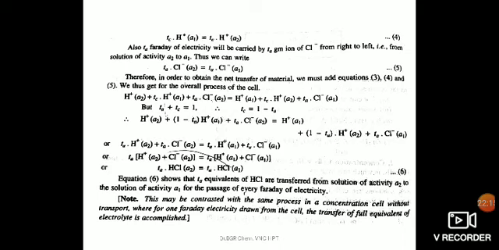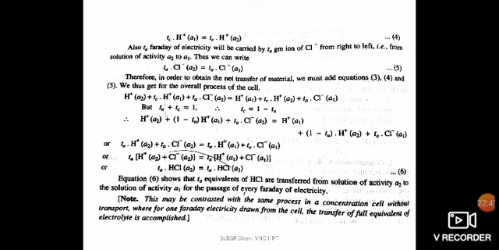This equation can be again reduced to Ta times H plus A2 plus Cl minus A2 giving rise to Ta times H plus A1 plus Cl minus A1. So, H plus and Cl minus refer to activity A2 at the LHS, and H plus and Cl minus refer to HCl of activity A1. That's how we can write Ta into HCl A2 giving rise to Ta into HCl of A1. Call that equation 6.